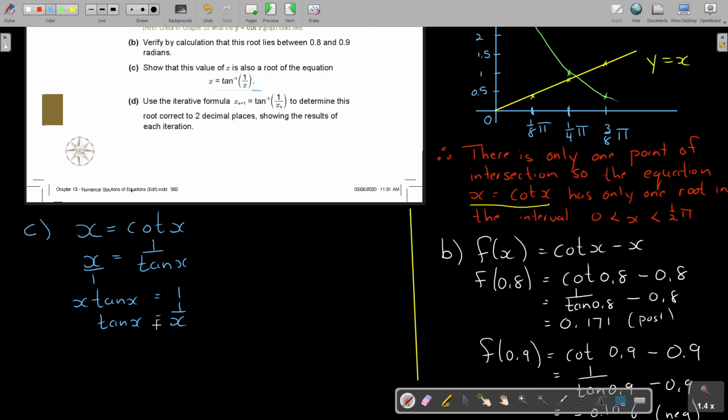And now, you remember if I want to show the angle, the inverse functions, what we did in trigonometry also, then we write it like this. x equals tan to the minus 1 of 1 over x. That we did in chapter 4, the inverse of this.